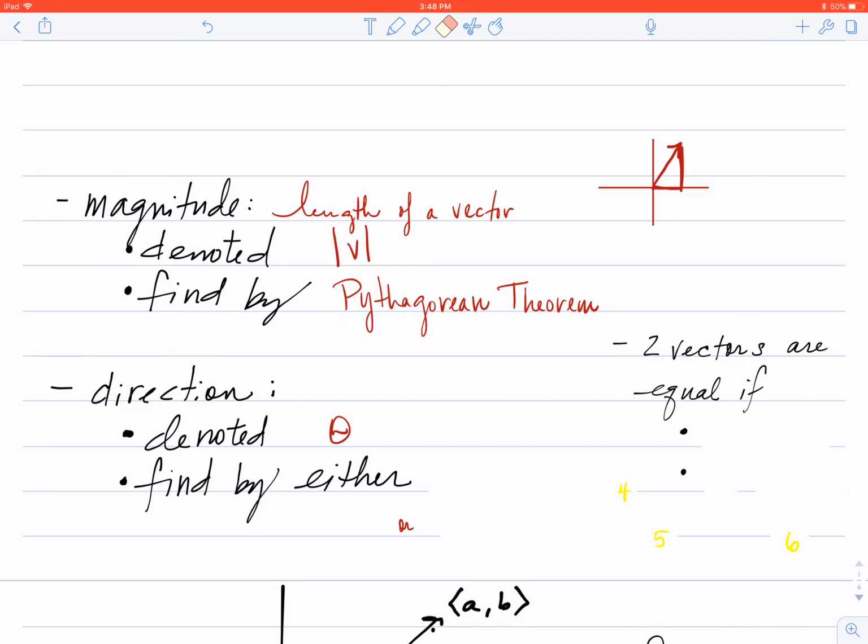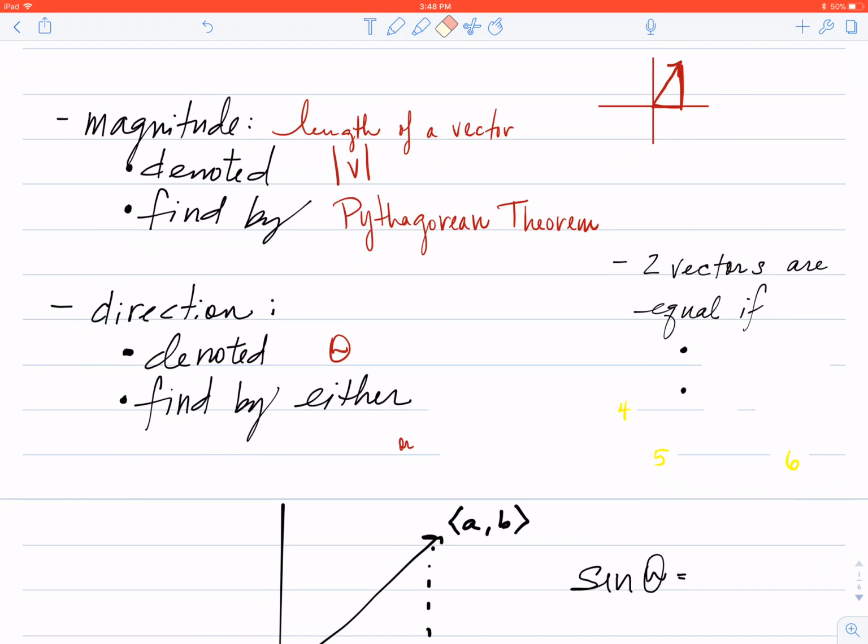Then we have the direction of a vector. The direction is going to be called theta, which is kind of nice because that's what the direction angle has always been called. And so when you look at the picture that we just drew, the angle at the origin is going to be called theta, exactly the way we did back in chapter 8. And then the way that you can find your theta, if it's already on the unit circle, you can use SOHCAHTOA.